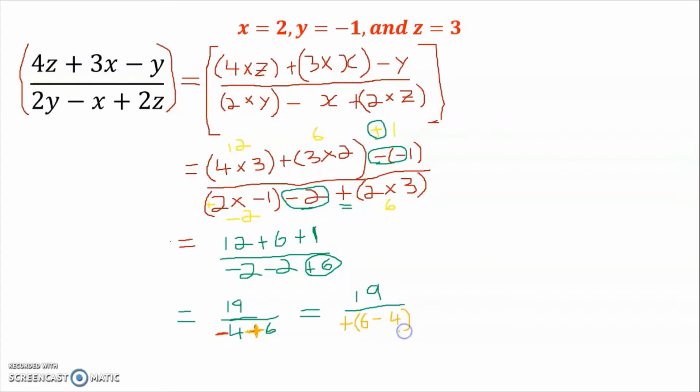So we get 19 over 6 minus 4, which is 19 over 2. Positive 2 into 19 is 9, 2 nines are 18, and a half, so 9.5. That would be the value of the expression given above. That's the value of this expression here, 9.5. Good.